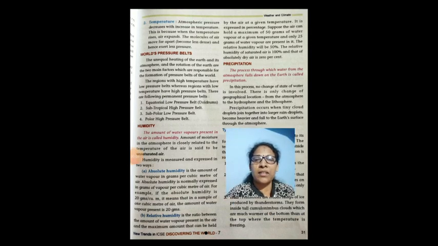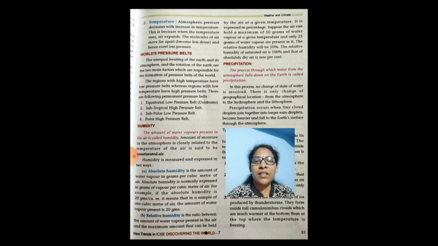World's pressure belts. There are some permanent pressure belts of the world. The unequal heating of the earth and its atmosphere and the rotation of the earth are the two main factors. As we know, the earth gets unequal heat from the sun.